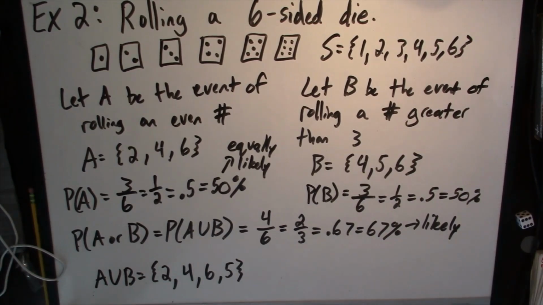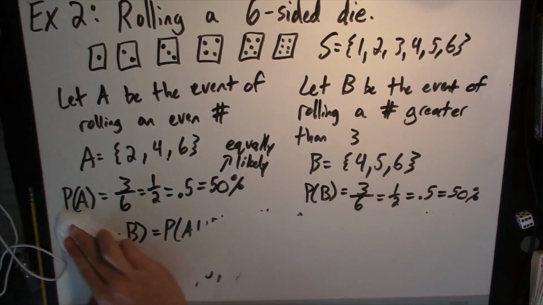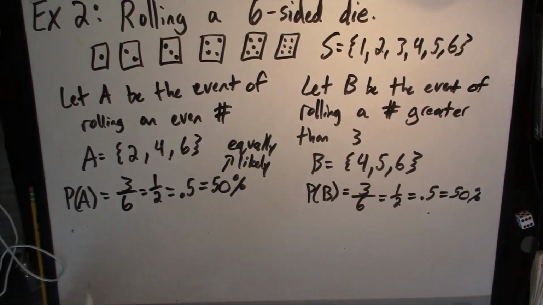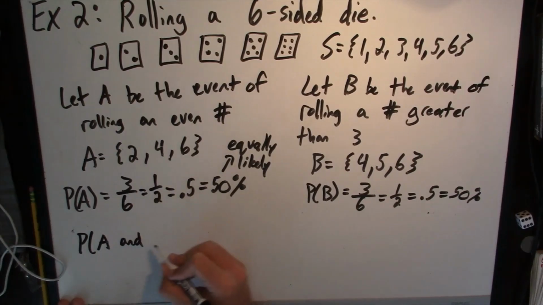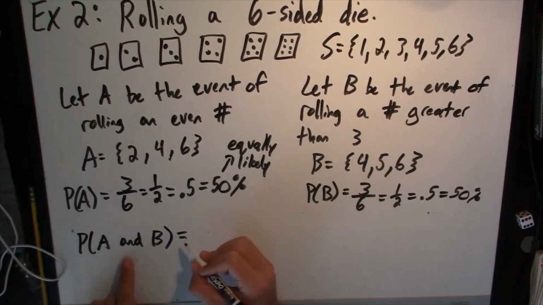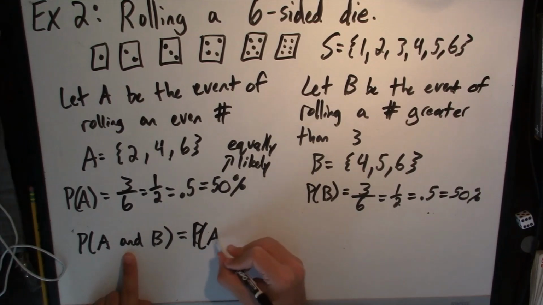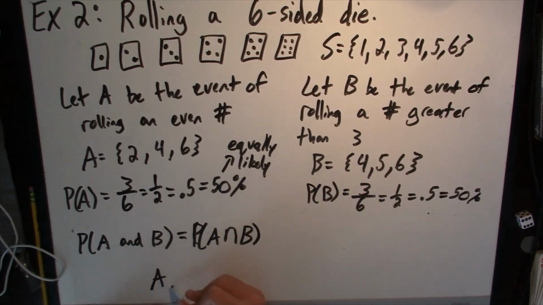So if you want to take a screenshot, go ahead. Now I'm going to do the intersection. So we're going to say the probability of getting an even number and getting a number bigger than 3. Since I'm doing and this time, I'm going to do the intersection of A and B. So A intersect B, that's what do the two sets have in common?